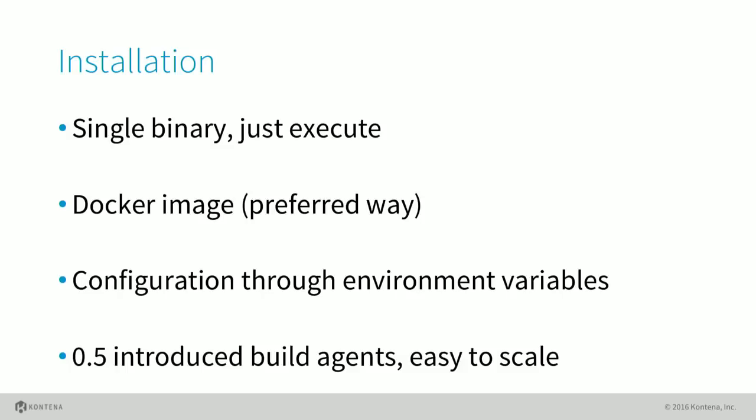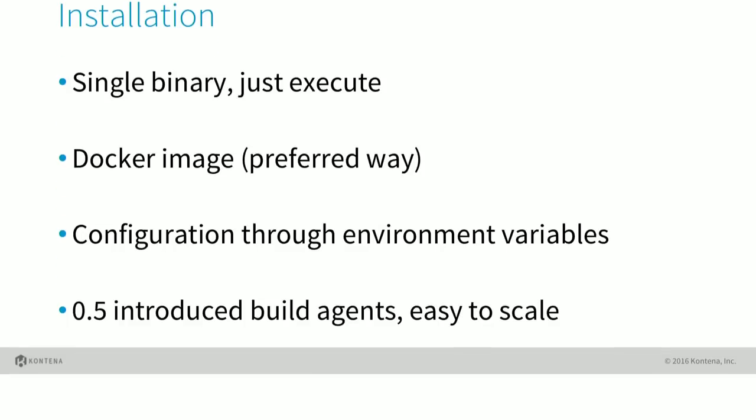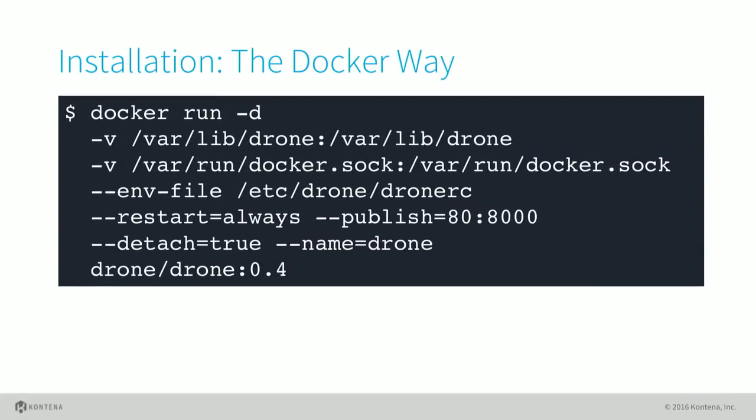The 0.5 release of drone introduced build agents, so now it's really easy to scale up your build environment to support multiple different build agents, so you can easily run multiple parallel builds for your different applications. The Docker way of installing or running drone is really simple. Of course, we have to mount the Docker socket because it spins up new containers. And that's about it.